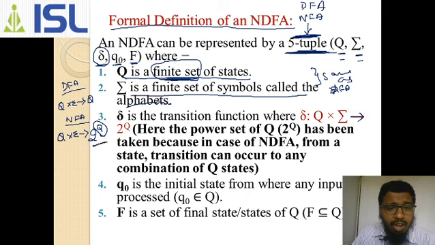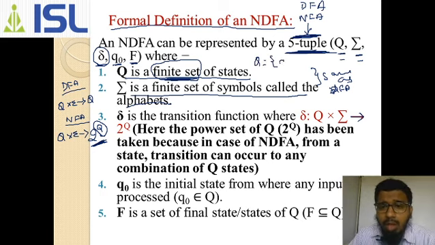Because of that we write 2 to the power of Q. For example, if Q is equal to a, b, c, so that many possibilities are there, 2 to the power of Q.